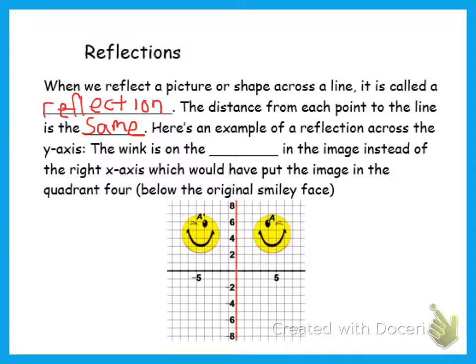The wink is on the left in the image instead of the right, like our original was. Now the x-axis would put the image down here. The eye would still be on the same side, the wink would be on this side, and it'd be upside down if we flipped it over the x-axis.